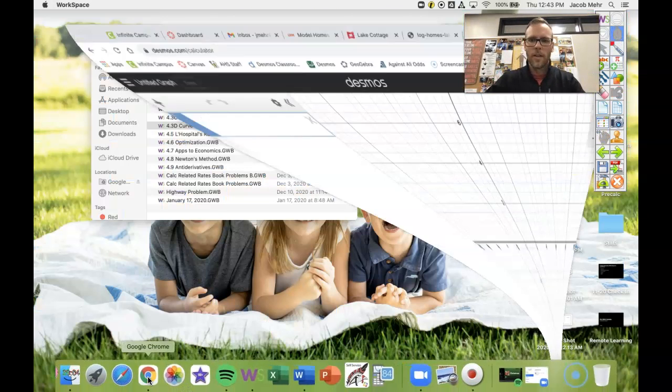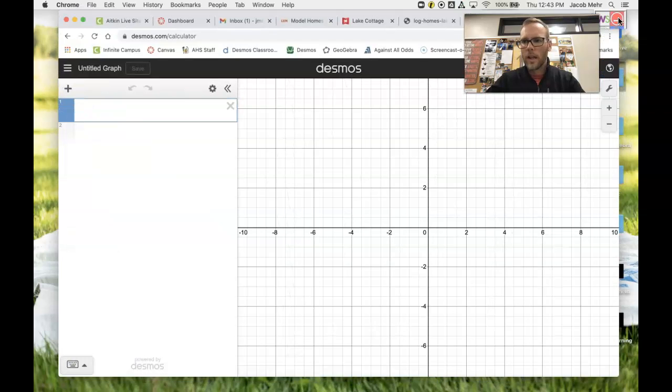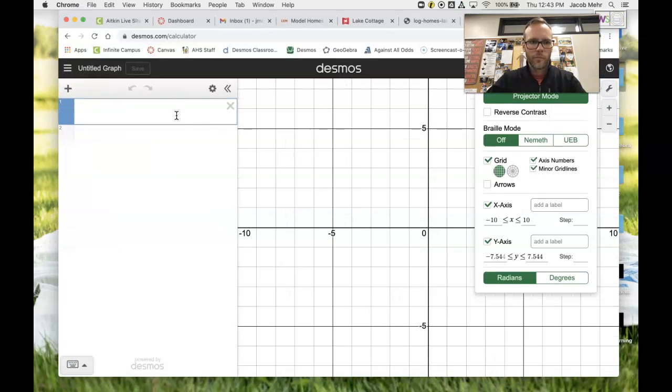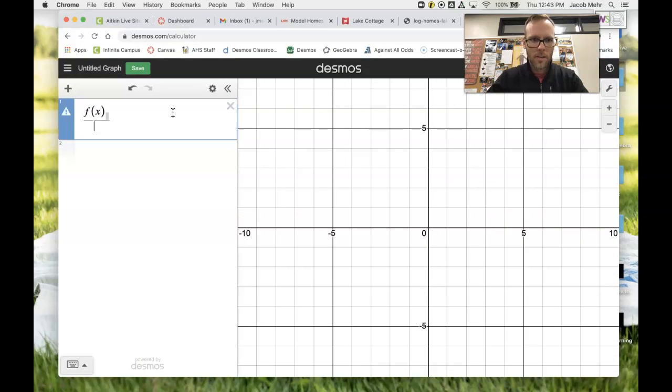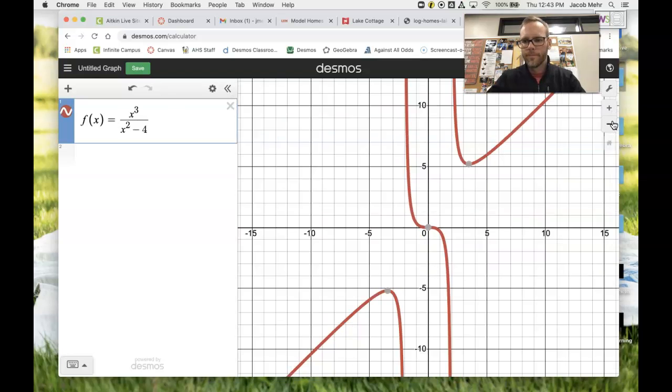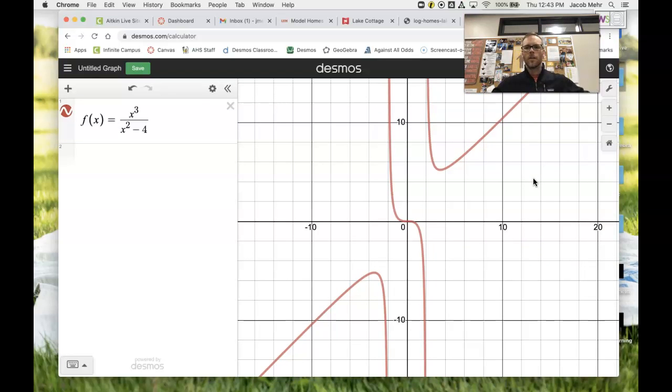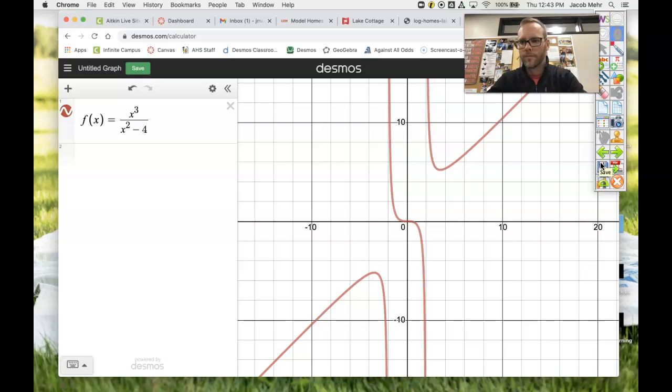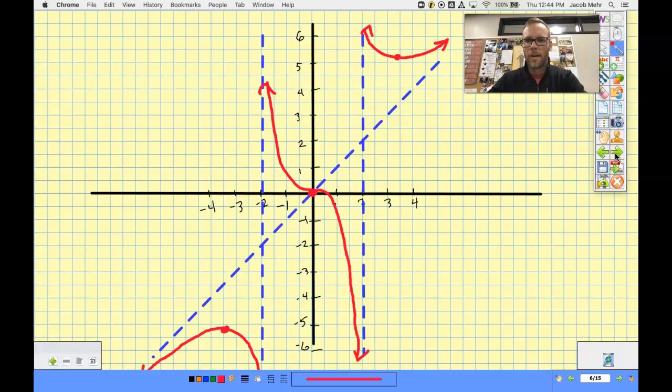I want to see that satisfaction of knowing that we did an awesome job. f of x, whoa, getting excited, slow down and type well here, x cubed over x squared minus 4. And that matches beautifully with what we graphed there. Okay, now the scale is a little bit different, size is a little bit different, but we nailed it.